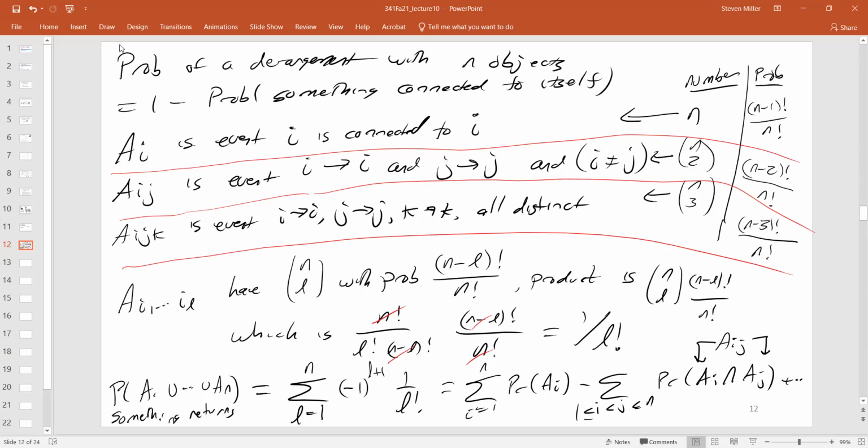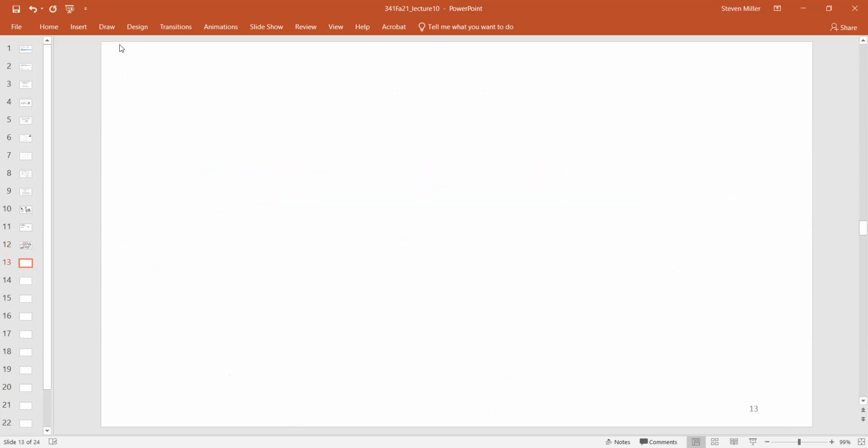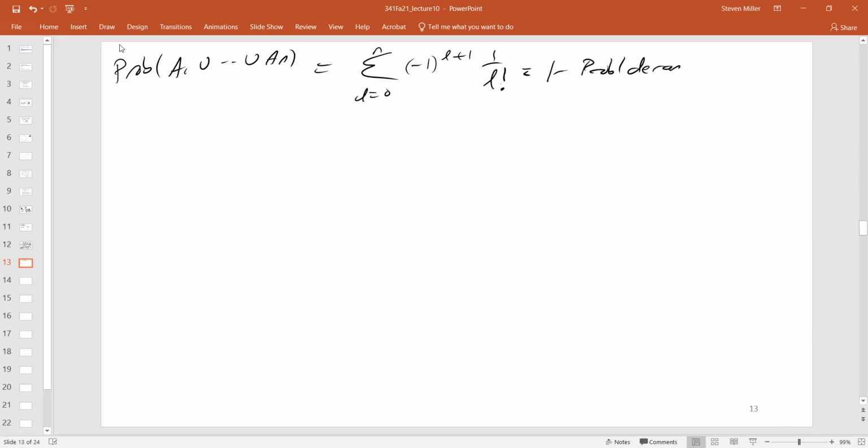And so what happens is we do the analysis. We get the probability of A1 union AN is the sum L goes from 1 to n of minus 1 to the L plus 1, 1 over L factorial. And this is equal to 1 minus the probability of a derangement.